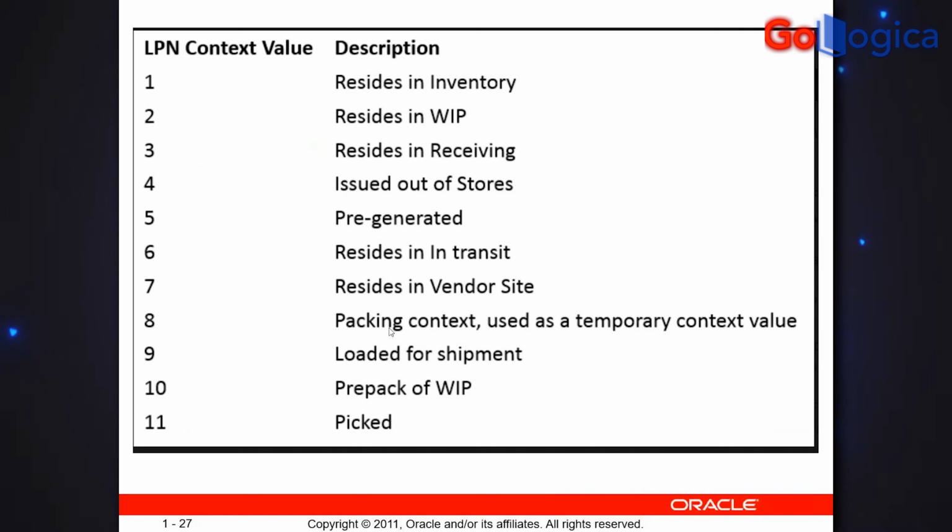It happens during order picking, when the user has picked something but not yet dropped it. Sometimes the user session might have been terminated or due to other issues they have not been able to drop it, so the Oracle system assigns LPN context value 8. Once it is eligible for dropping and is dropped, it will be issued against a sales order and then issued out of stores. I wanted to give you this information because all the LPNs will have different contexts, and it is mandatory to know all these things.